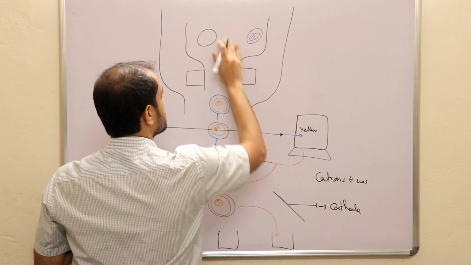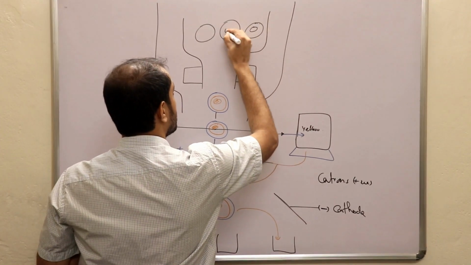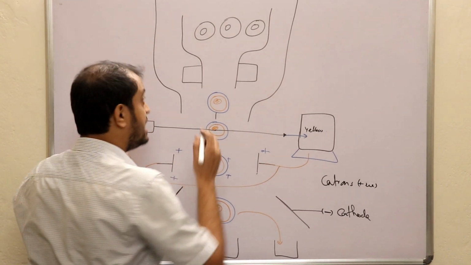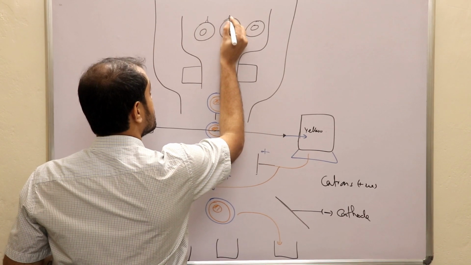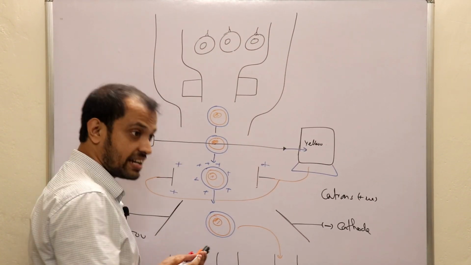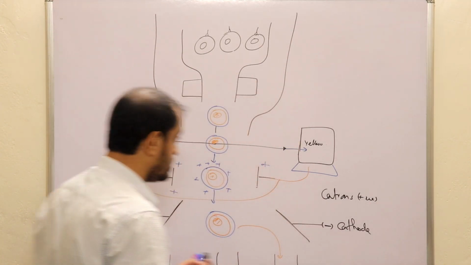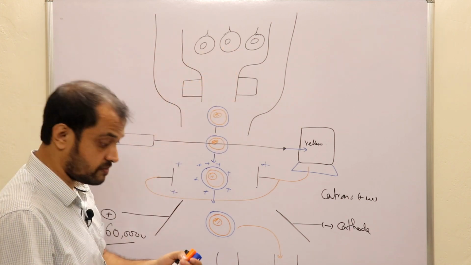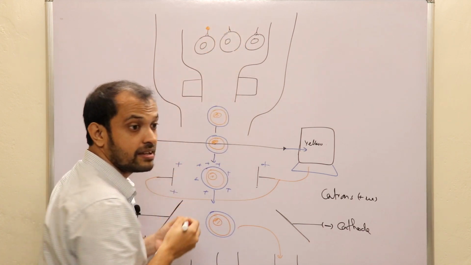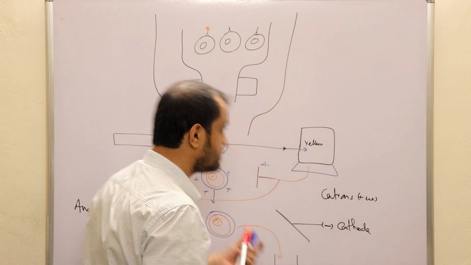For your understanding purposes, I have colored them. But the antibody attached to the cell surface markers of each cell has different fluorescent proteins or fluorescent tags.